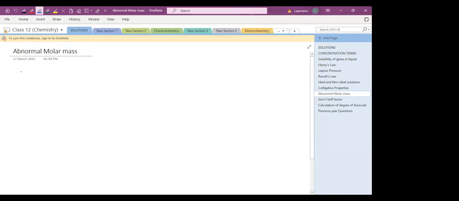So that is known as abnormal molecular mass, and it arises due to the association and dissociation of your solute molecules. Just write it down.